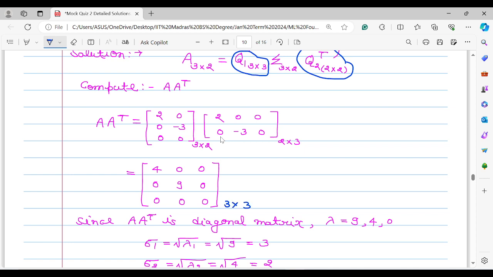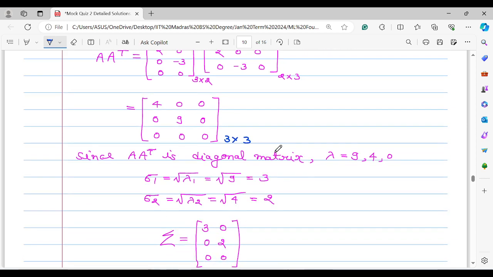Since it is a diagonal matrix, the diagonal elements are the eigenvalues: 9, 4 and 0. So sigma 1 is equal to the square root of lambda 1, which is 3, and sigma 2 is the square root of lambda 2, which is 2.